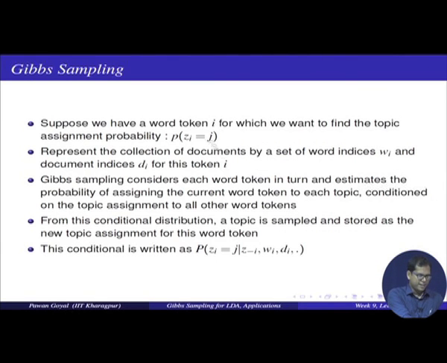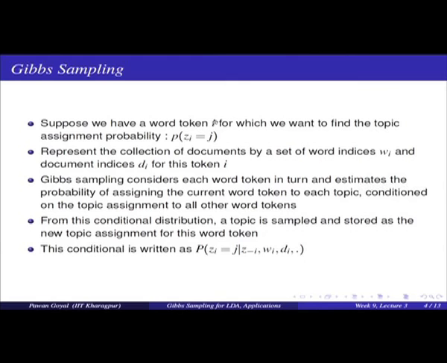So what is the idea? Assume that you have a corpus. In the corpus you have some documents and words. Now assume that in one of the iterations you are at a particular word, the word token i, and you want to find out the topic assignment probability, that is, the probability that this ith token will be assigned topic j.